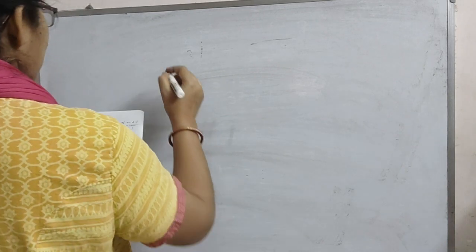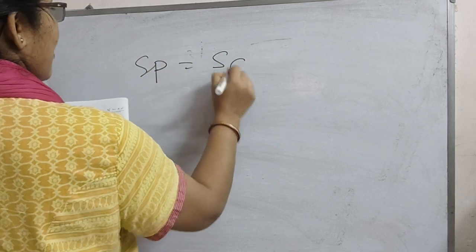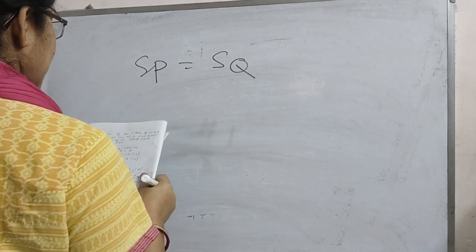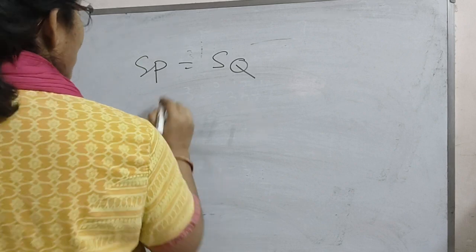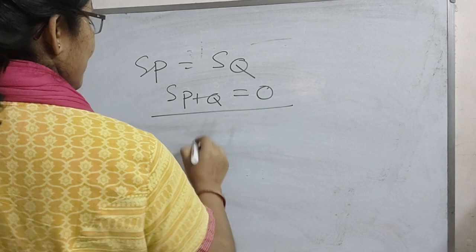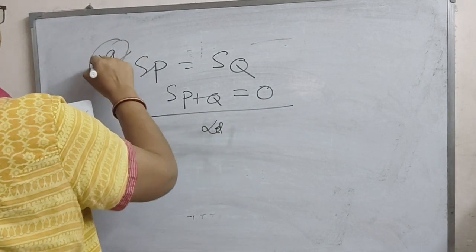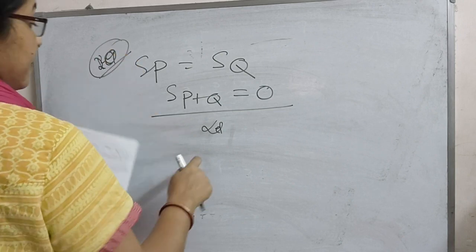If the sum of the first p terms of an AP equal to sum of the first q terms, so we have to find the sum of the p plus q terms equal to 0. This is sum number 20.